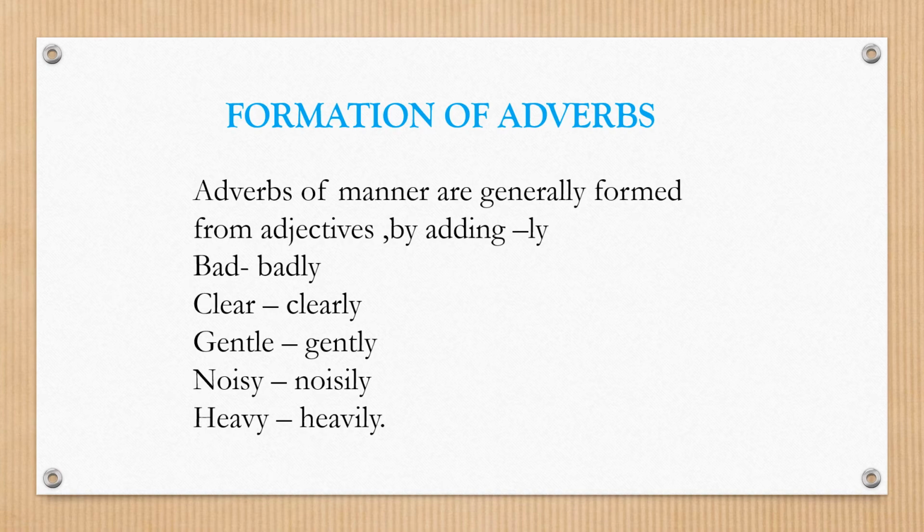So remember one thing, most adverbs of manner end with ly. Very few, for example, he ran fast, have no ly. Though it is an adverb of manner, it can be an exception, but others end with ly.